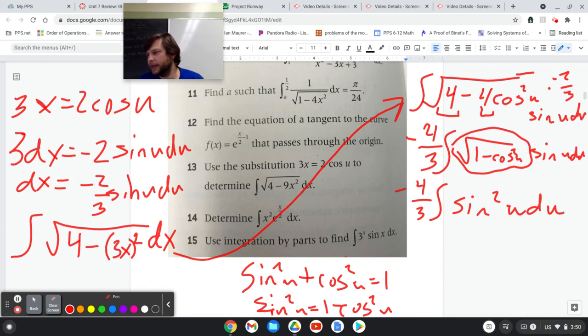And let's see, trigonometry. I see on the trigonometry that sine squared u, there we are.